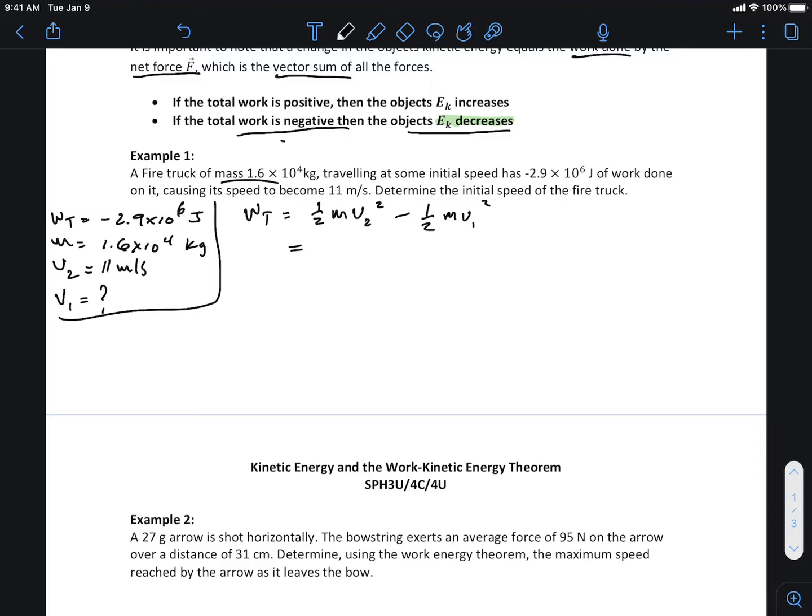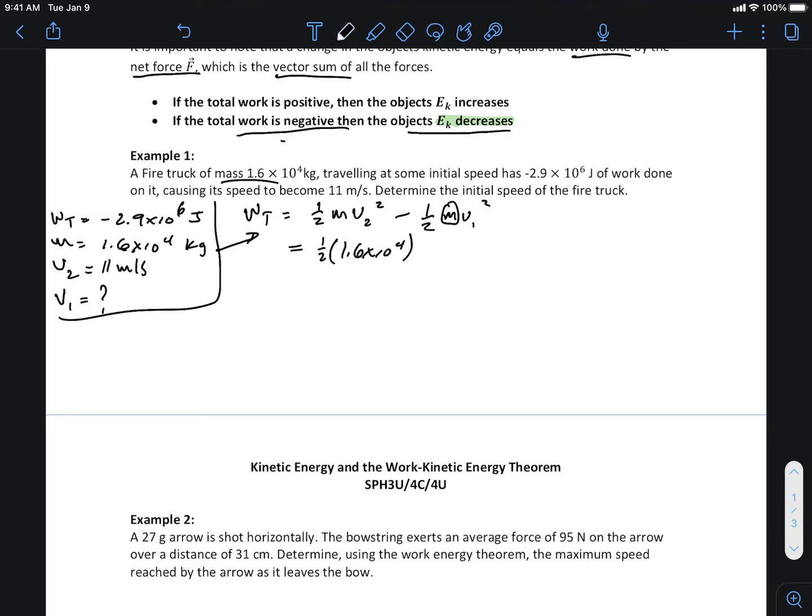Well, actually, one thing I want to push you towards doing with these questions. This is a good example: if you were to plug in 1.6 times 10 to the 4, v2 squared, like 11 squared, I'd have to plug in all these numbers over and over again.